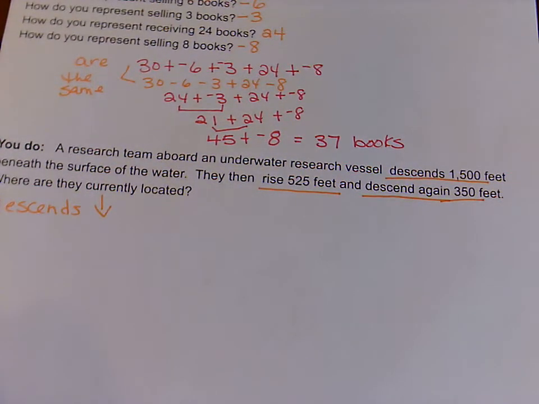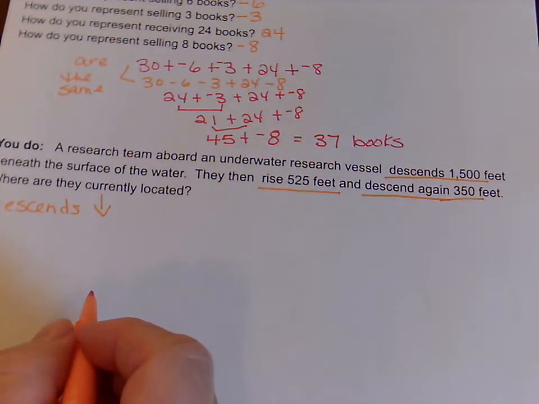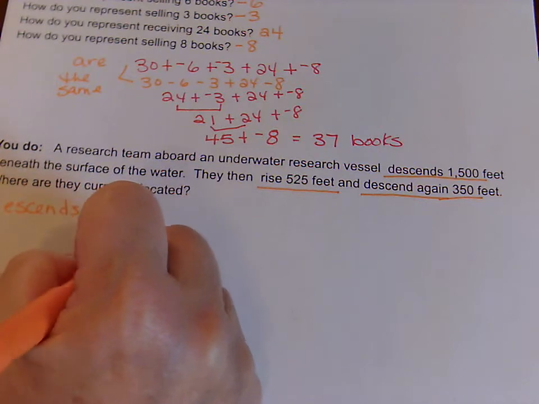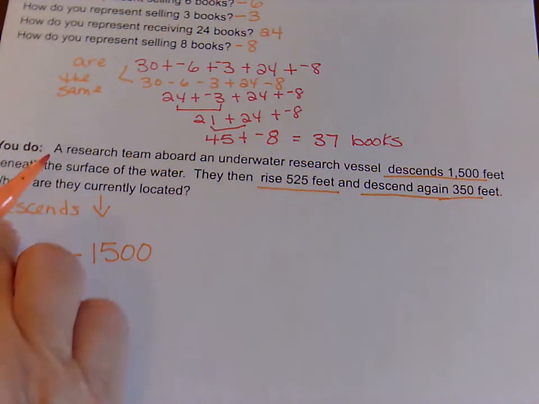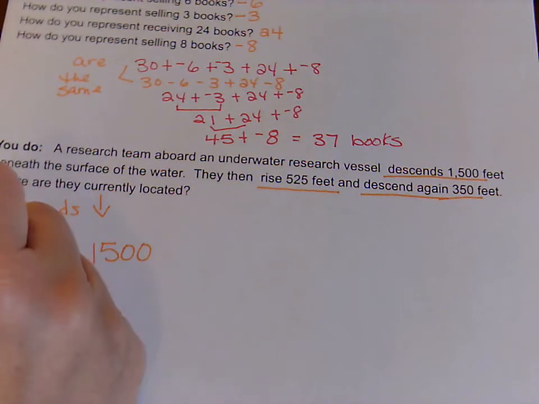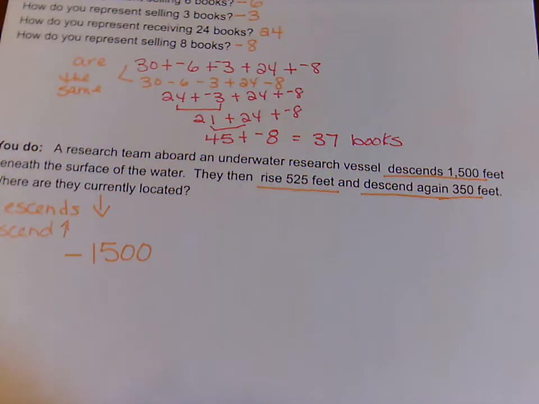So let's see what we have. If we descended and started at 1500, how are we going to represent the descend? We're going to represent that by negative 1500. Remember, descends means to go down. If you see the word ascend, it means to go up.